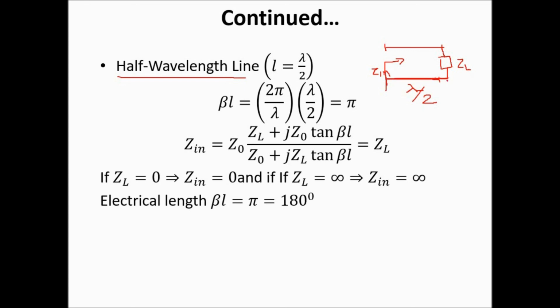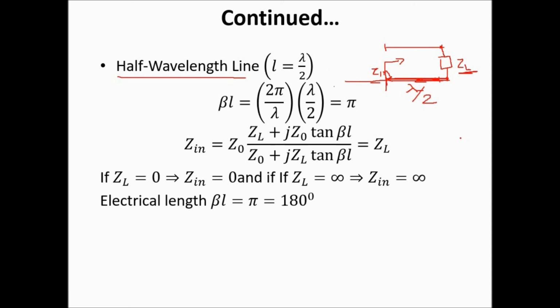If you have a ZL here and you move along the line, the impedance changes, increases or decreases, and again after lambda over 2 it goes back to ZL.